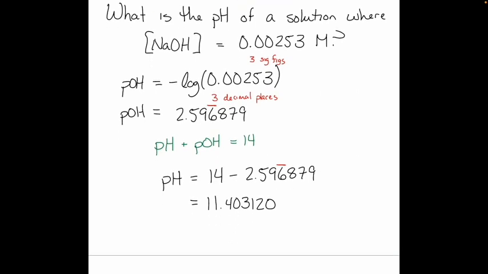Okay, with my 3 decimal places, 11.403. Is this solution acidic or basic? Basic, right? Which checks out because I prepared my solution with a strong base. So absolutely, I get a basic solution here.